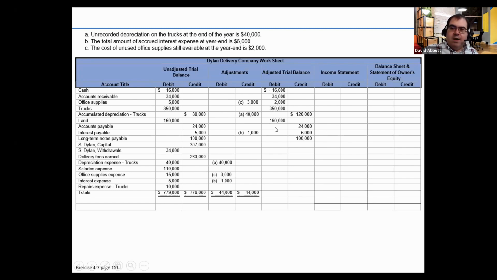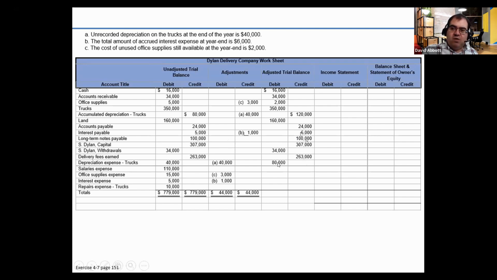Accounts payable, that amount's not going to change. The interest payable, that's going to increase, so we'll do that. Notes payable hasn't changed, we'll just carry that over. And then the capital will carry over, and then withdrawals will carry over. The delivery fees earned will carry over.